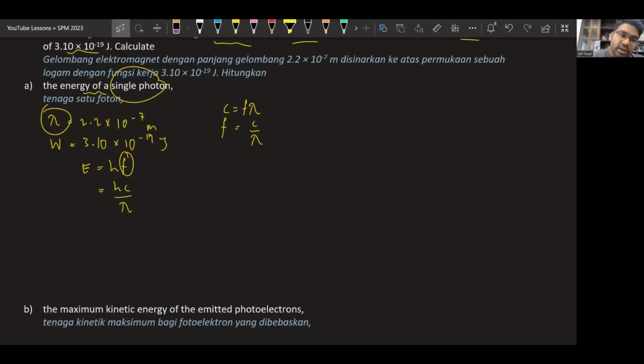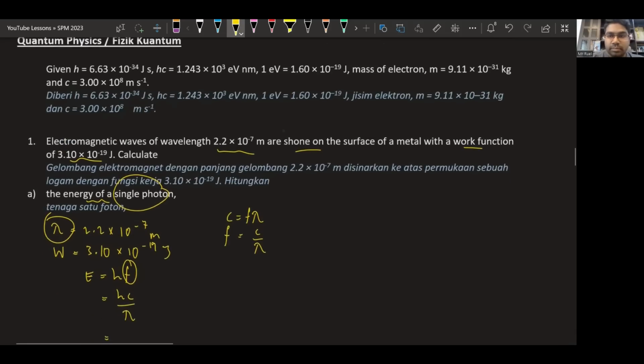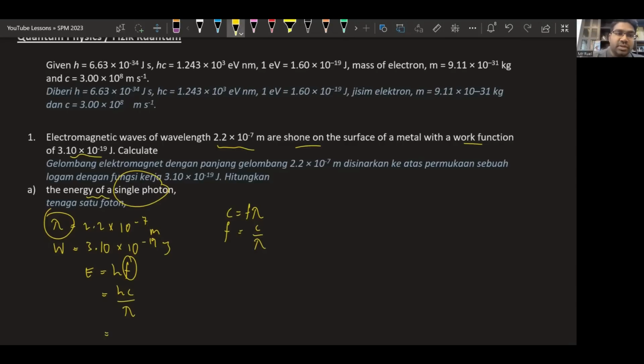All right, so now we just have to substitute the values inside. h is given to you here. We got hc, but don't use hc because this is in electron volts nanometer. We don't want this, we want h.